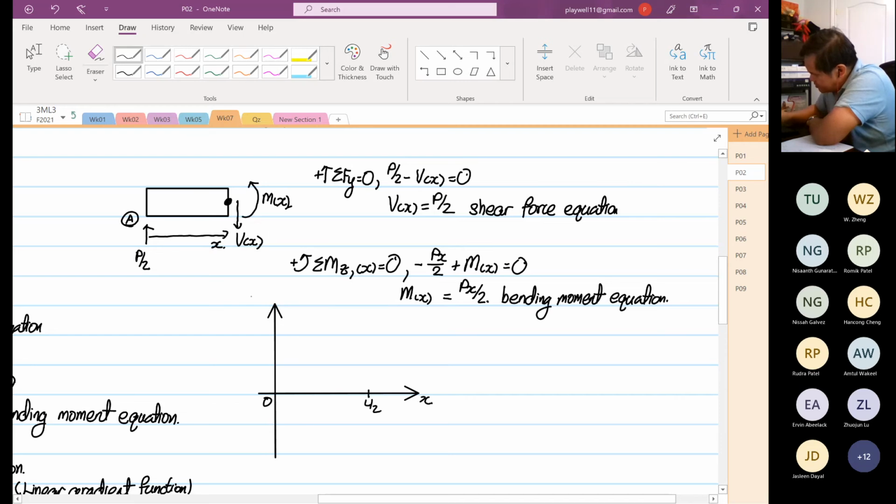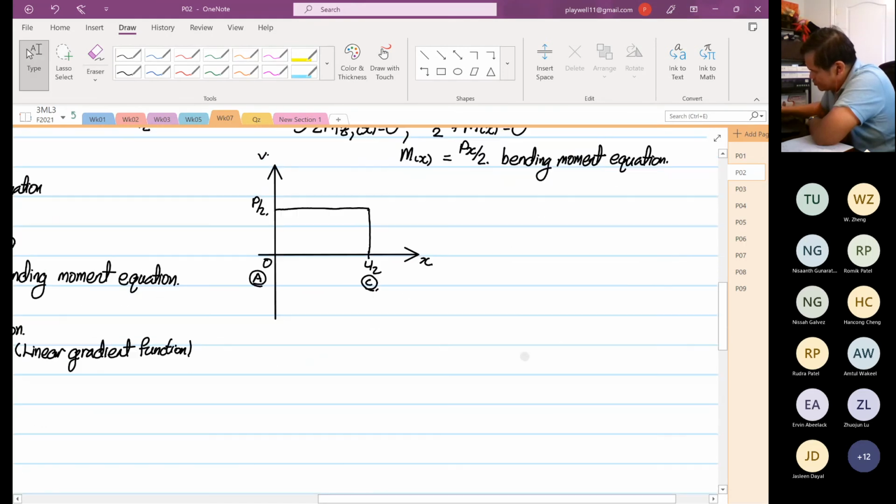So this is our x, this is our shear force. What we see now is we have this, and then that's it. And then you have to meet 0 down here. So what you see down here, this is our P/2. So this is our point A, this is our point C.